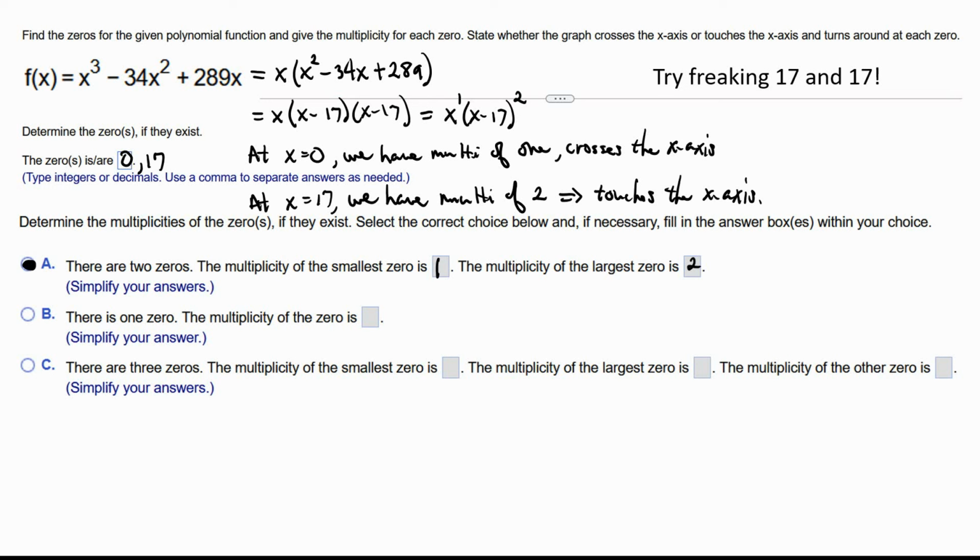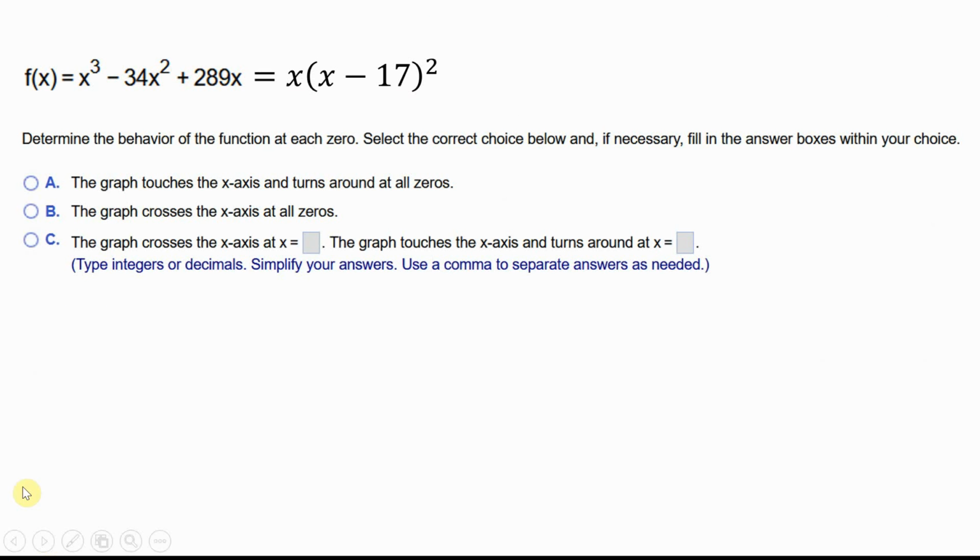So now, don't throw away factoring because we got to use the factor. Determine the behavior of the function at each zero. So we got two things happening because at x to the first, it's going to cross.